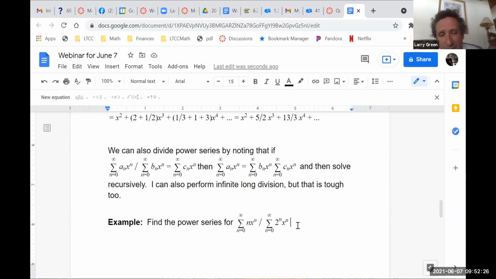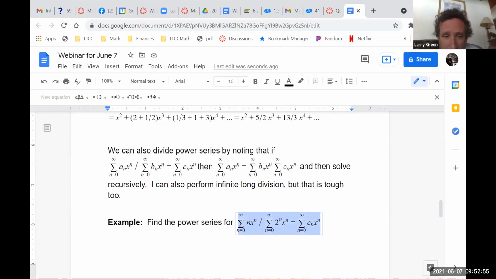then what I do is say I don't know what it is, but I can always do this. I can write the summation, and instead of 2 to the n, we're going to have just c_n x to the n. So we can always just say that's true.